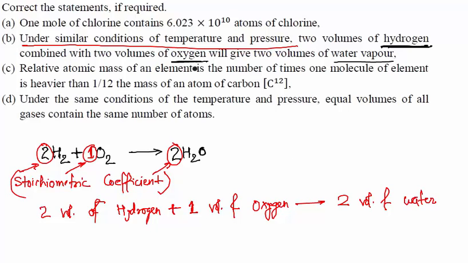So what should be the correction here? 2 volumes of hydrogen, perfect, combines with not 2 volumes but 1 volume of oxygen, and will give 2 volumes of water vapor. So hope you understand this part.